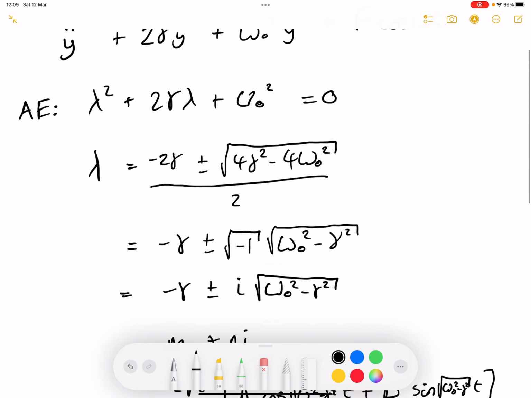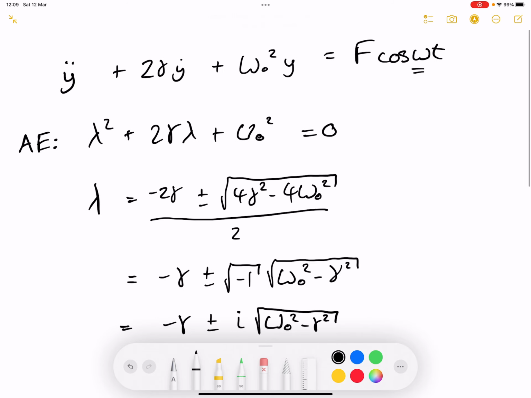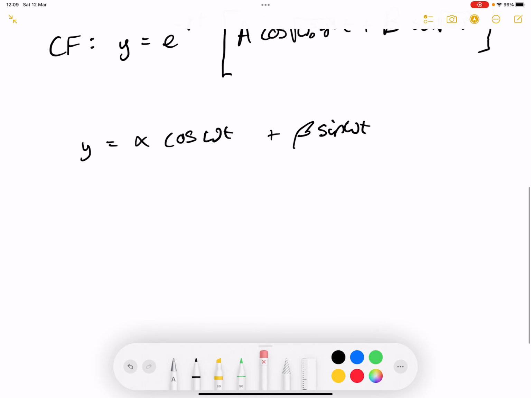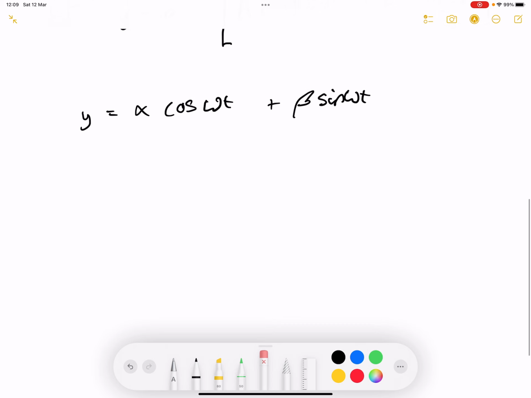I've used omega here because we have omega up here, okay? Because remember, when we add sinusoidal waves together, you can add them together. That's the point.